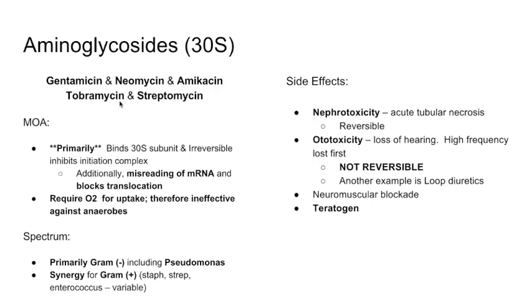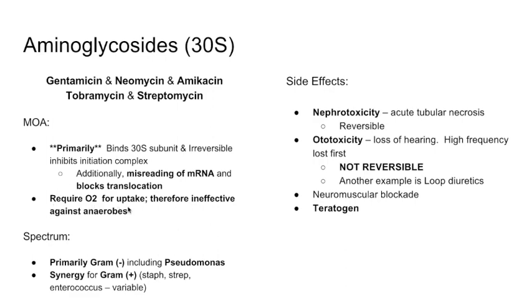So they mainly end in mycin, but the one that's kind of weird is amikacin. How they work is primarily they bind the 30S subunit and inhibit the initiation complex, like we talked about in the previous slide. Additionally, you may have the effect of misreading of the mRNA and blocking translocation, but the main thing is the 30S subunit.